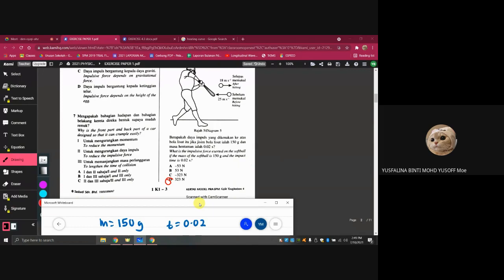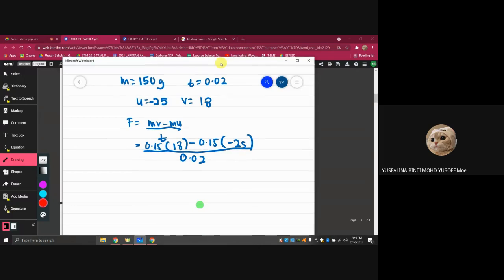V as 18, negative 18. Yes, but if you put negative 18, so the U should be 25. Did you get the same answer if you put like that? No? Wait, let's change.